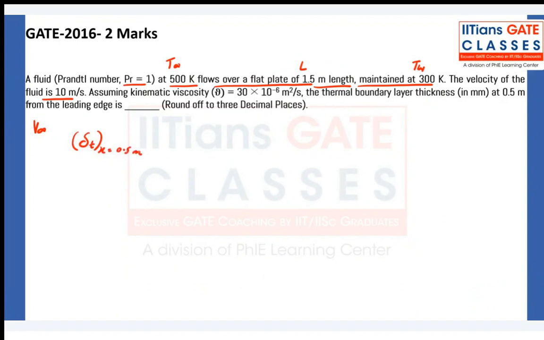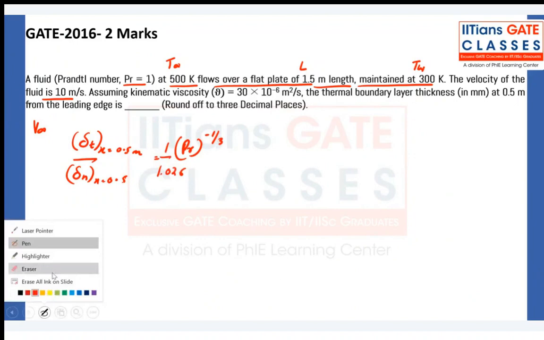It's very simple. Look, they have given the Prandtl number. The ratio of hydrodynamic boundary layer to thermal boundary layer at x equals 0.5 is Prandtl number to the power minus 1 by 3. I can also take 1.10 this, but it is okay. Even if I don't take it, it's fine.